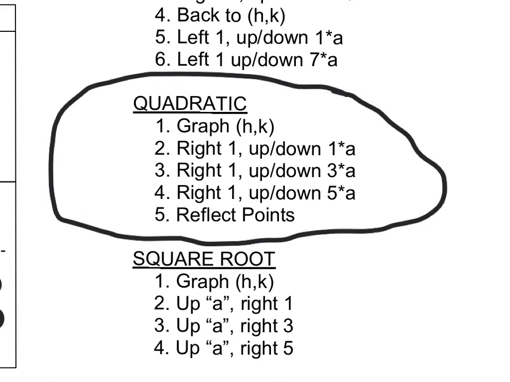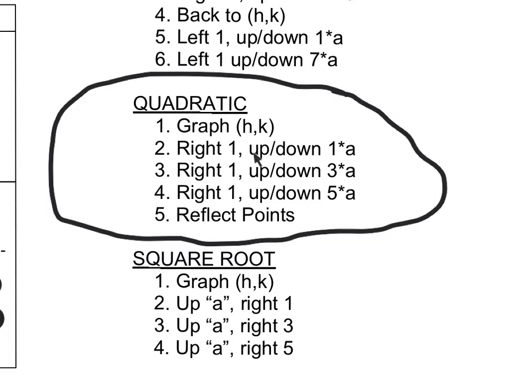These are curves. So as we're looking at this, you're going to graph the vertex, and then you're always going to go right one, and then either up or down, depending on whether a is positive or negative. You're going to go up if a is positive, down if it's negative, and it's 1 times a. So for example, let's say a was 1. You would graph the vertex.